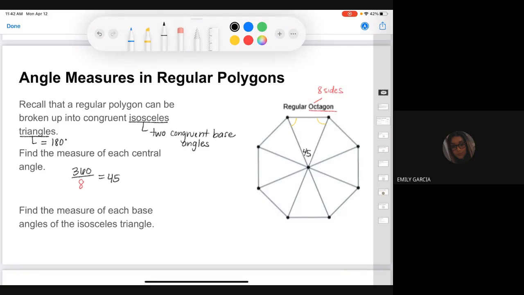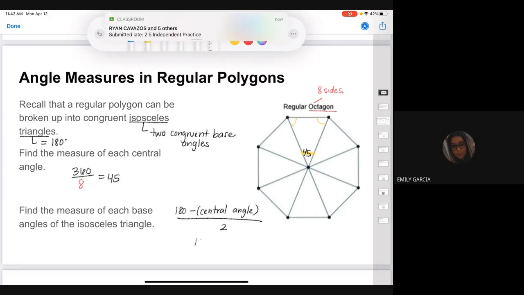And so what I can do is take 180 degrees, subtract the central angle that I just found, and divide by 2 because those 2 base angles have to be congruent. So basically I'm taking 180, subtracting this 45, and then dividing by 2 because these would be congruent to each other. So I have to split up the remainder of my angle measures available and divide them by 2.